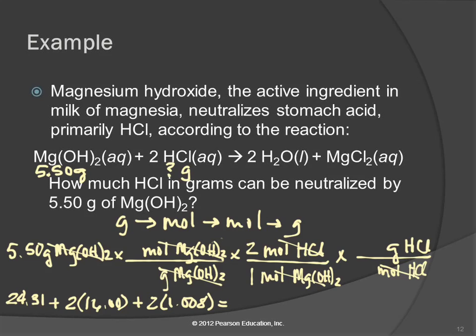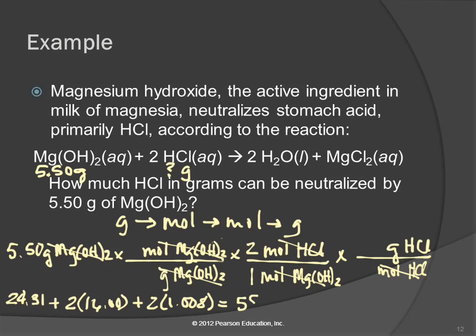And if I'm concerned about getting the answer right, I actually write this part down too, just because when you write it out, then you don't forget things when you put it in your calculator. It actually saves you time in the long run. 24.31 plus 2 times 16 plus 2 times 1.008.